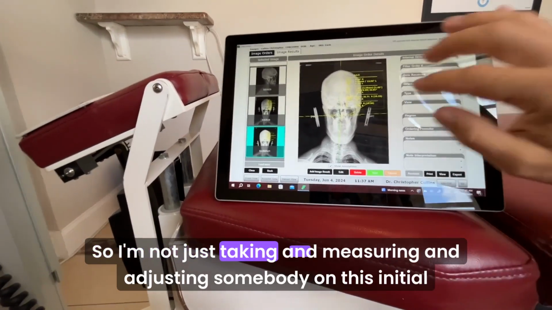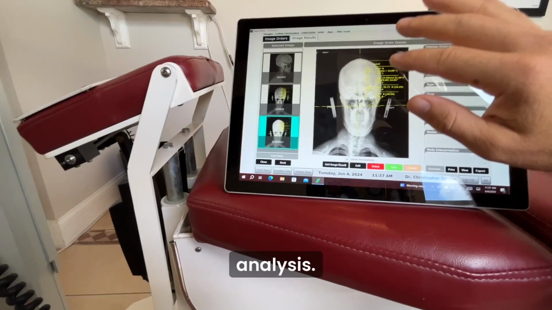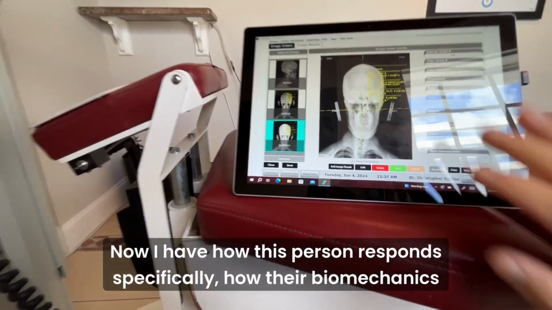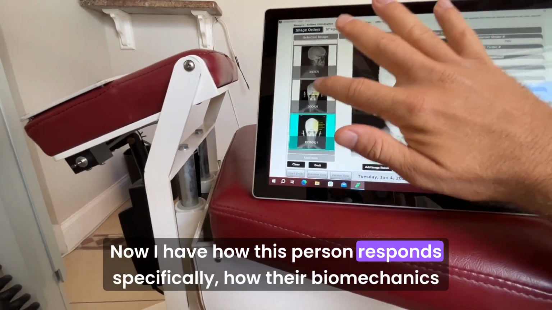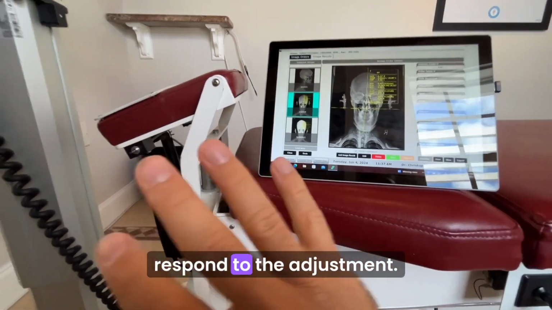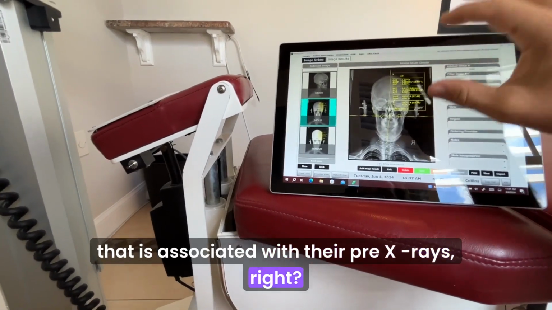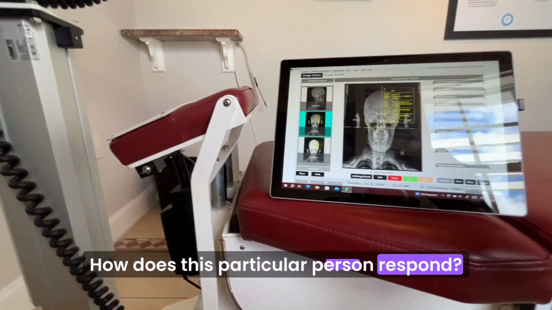So I'm not just taking and measuring and adjusting somebody on this initial analysis. Now I have how this person responds specifically, how their biomechanics respond to the adjustment that is associated with their pre-X-rays, right? How does this particular person respond?